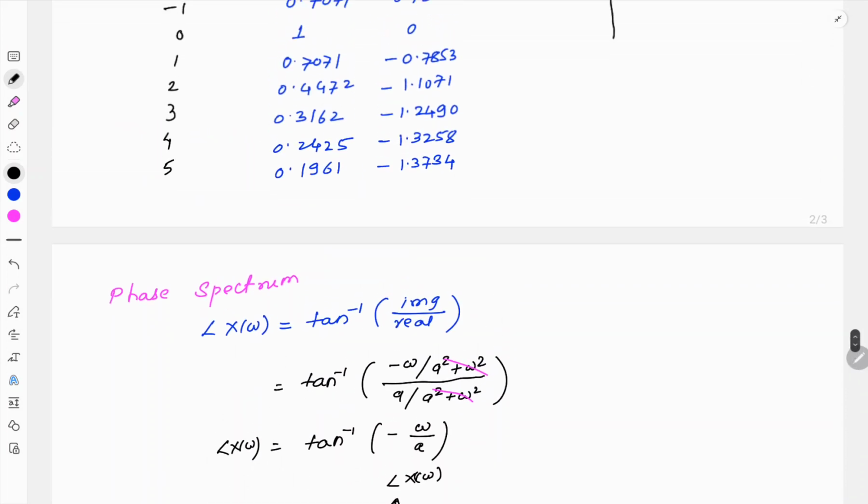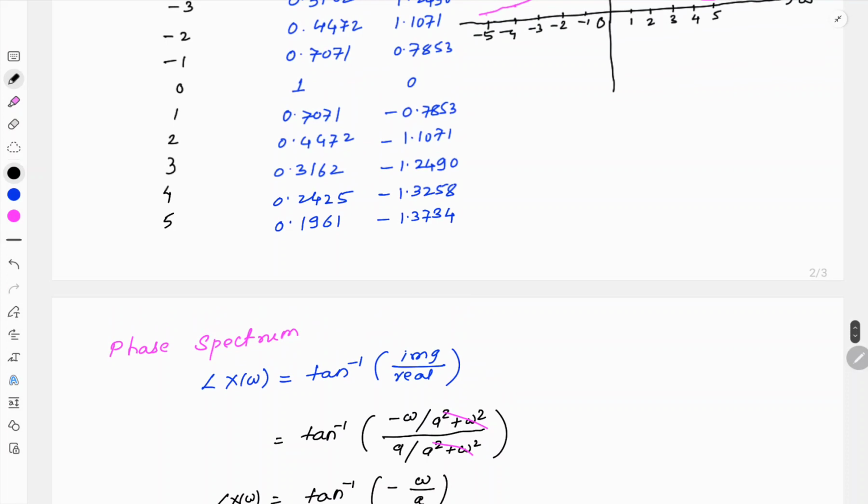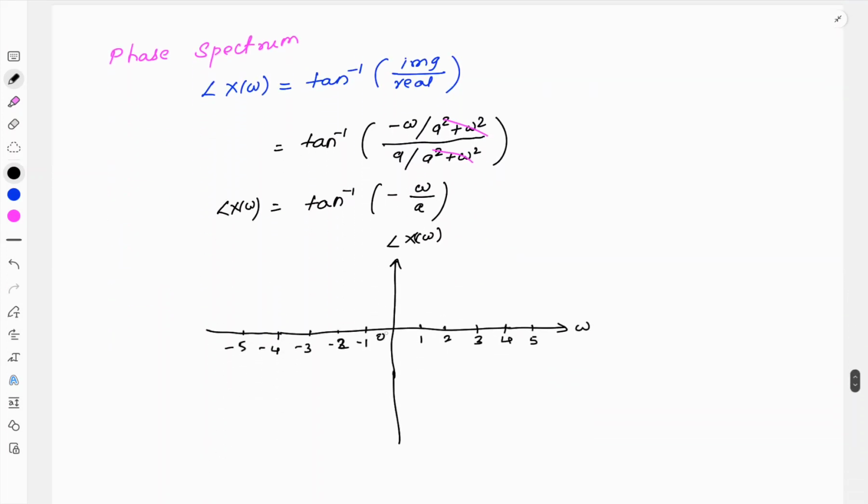So at 0 we have 0 value, at 1 and minus 1 we have 0.78. So here we have 0, at 1 it is minus 0.78, and for minus 1 it is plus 0.78.